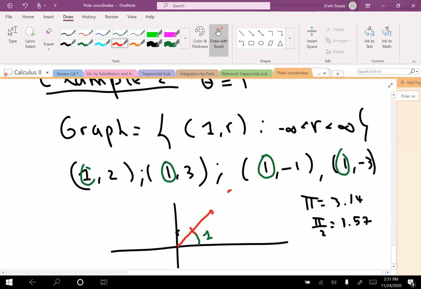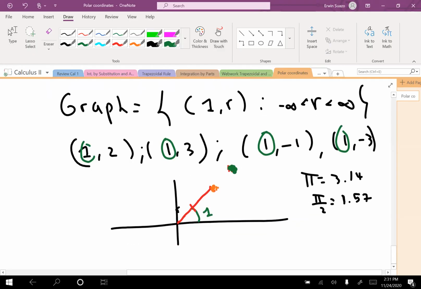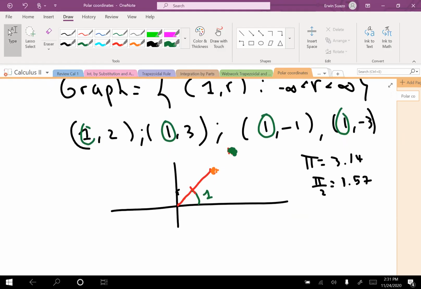Then I want 1, minus 1. I mark my angle 1, and they're living in the same line, because that's an angle.